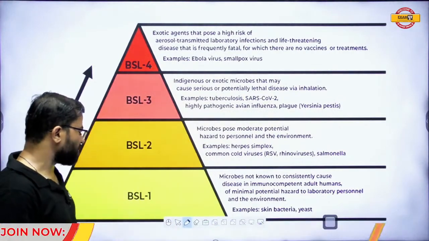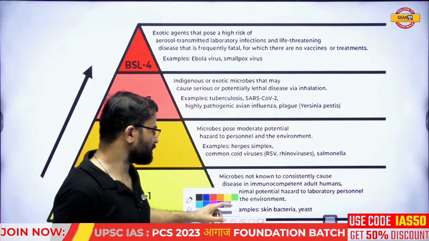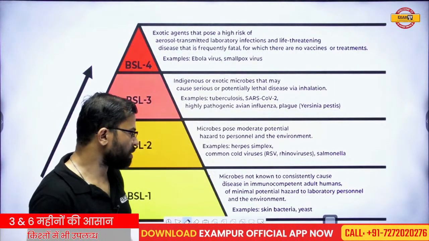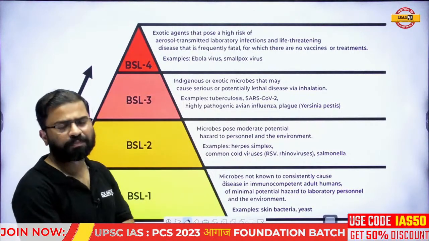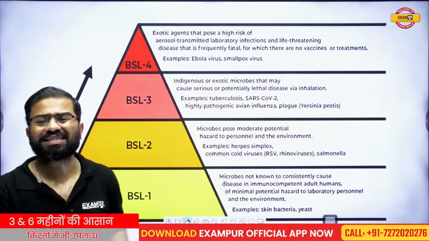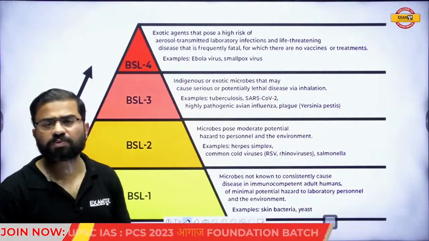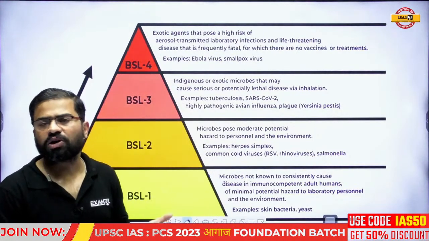In the case of biosafety level 1, microbes are not known to consistently cause disease in immunocompetent adult humans, with minimal potential hazard to laboratory personnel, for example skin bacteria. So at this biosafety level, the transmission rate is very low, the death rate is negligible, it can be easily cured, and those persons who have good immunity cannot be affected.